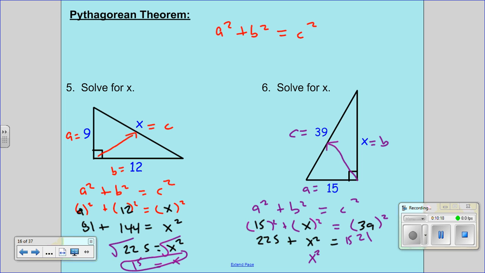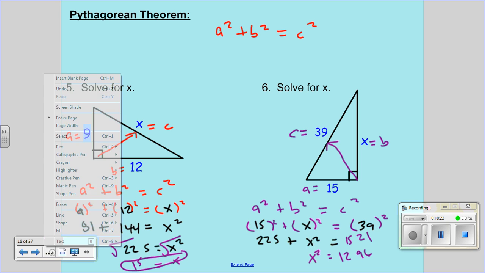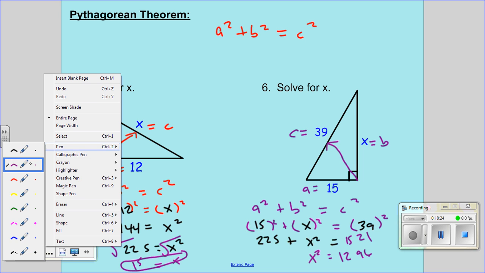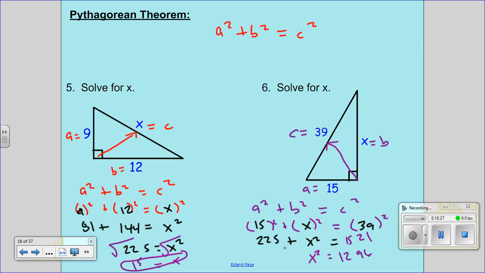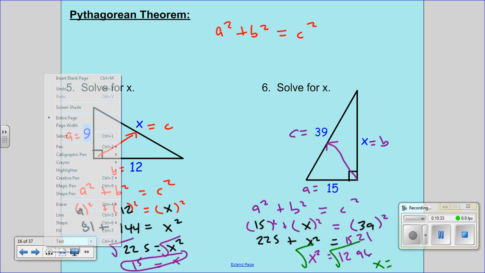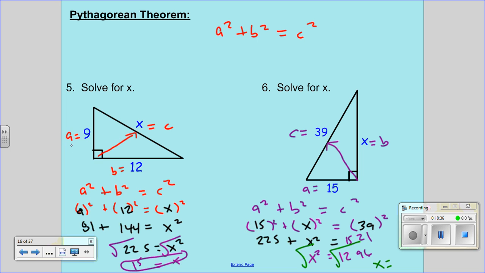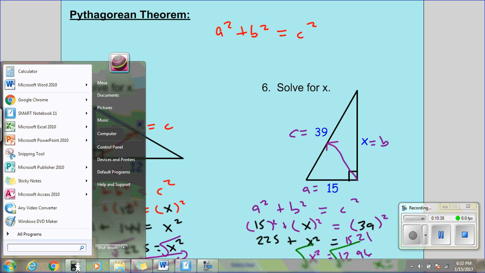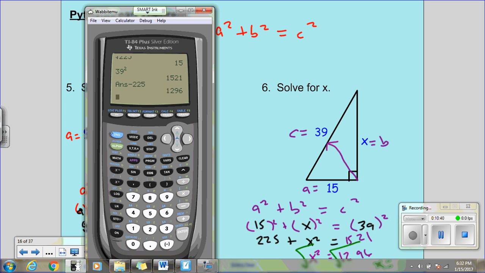So we have x squared equal to 1296. And then we have to take the square root to get x by itself because we're not done yet. So x is going to equal 36.